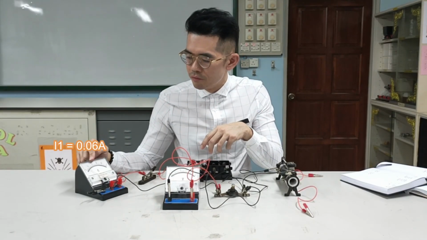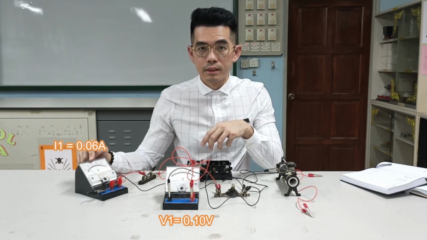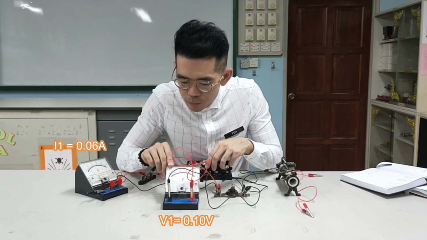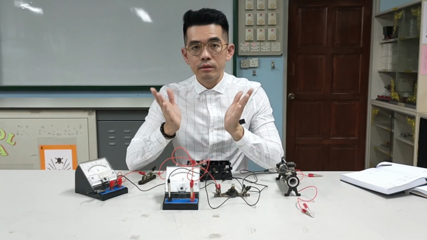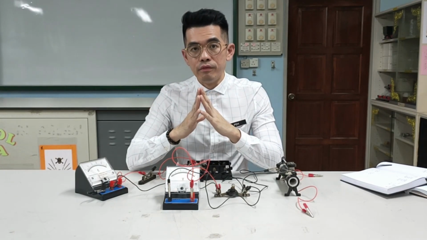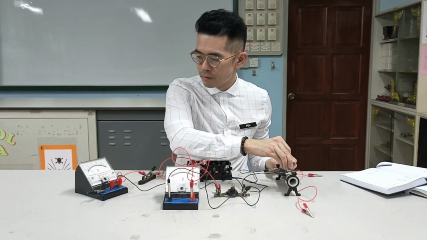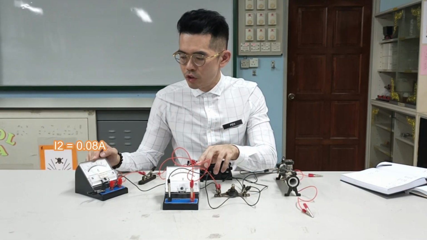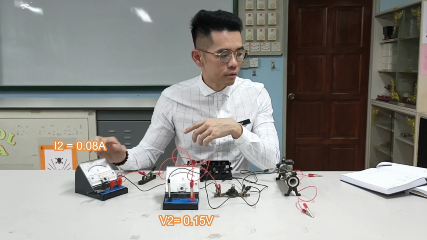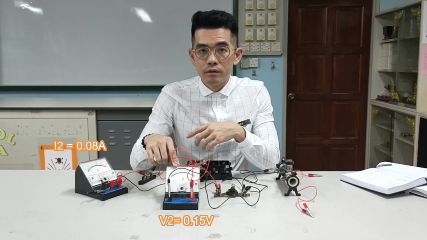So here the reading of the ammeter is 0.06. The voltmeter reading here will be 0.10. Then we go to our second reading, which is 0.08. So 0.08 reading for the ammeter and 0.15 volt for the voltmeter reading.